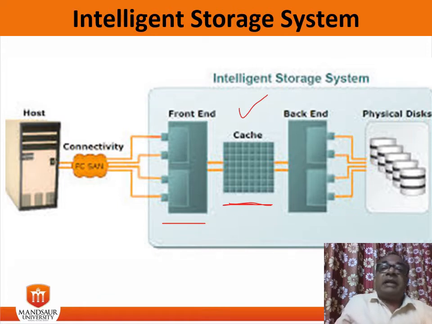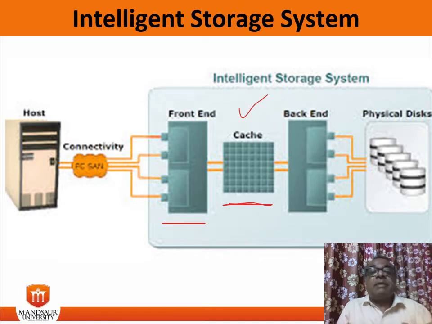Now, cache management. Cache is a finite and expensive resource that needs proper management because of the gap in speed. Even though modern intelligent systems come with a large amount of cache, when all cache pages are filled, some pages have to be freed up to accommodate new data and avoid performance degradation.